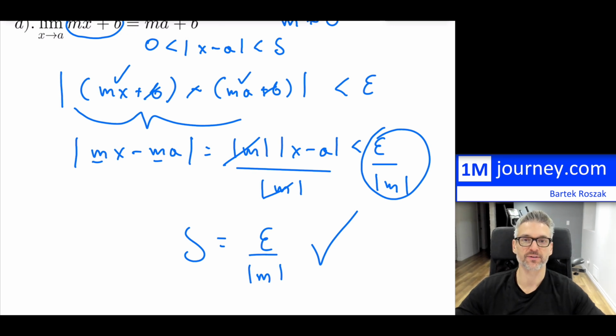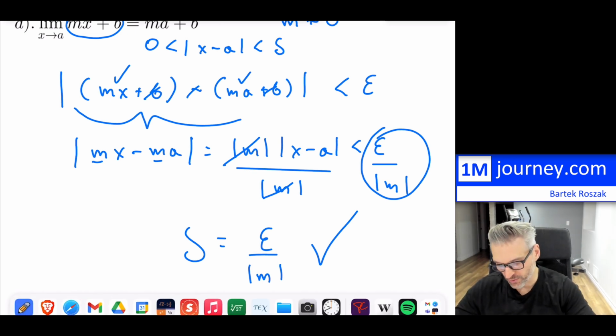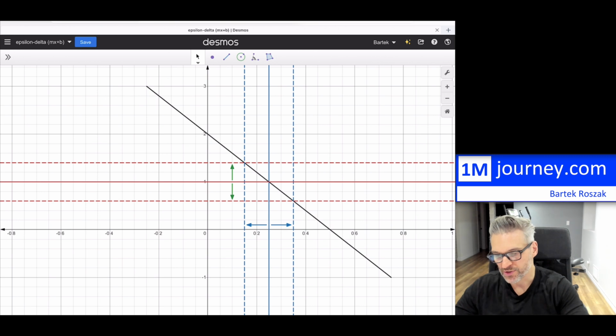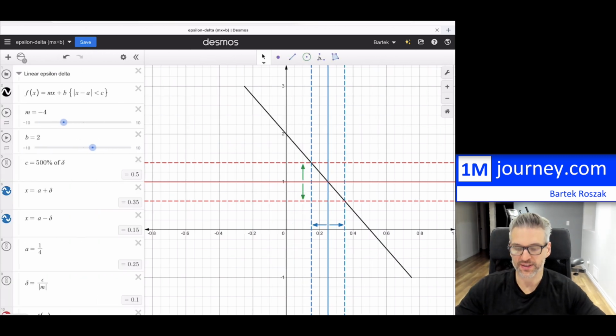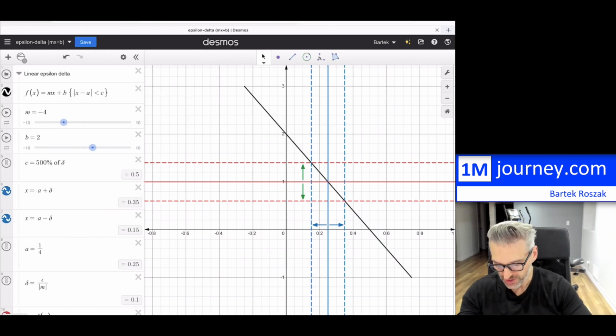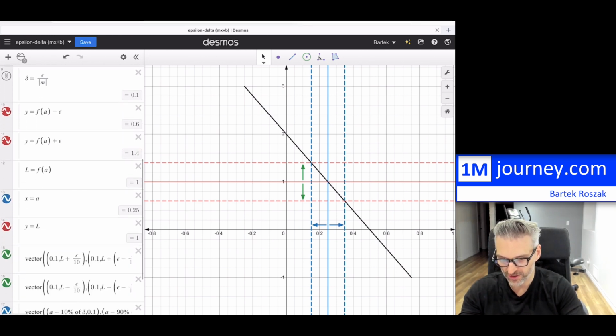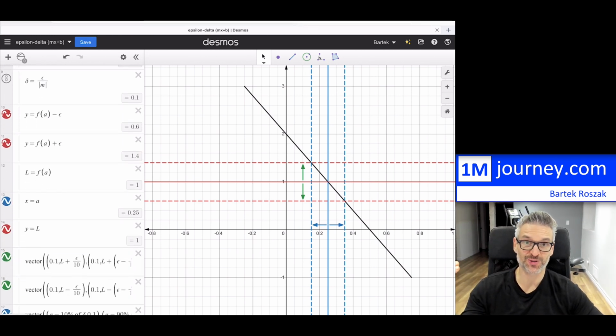That's exactly what I have been doing within here. When I am graphing it out, notice that if I scroll back down here, at the top, delta is equal to epsilon over that, right from the start, because that's what it was.